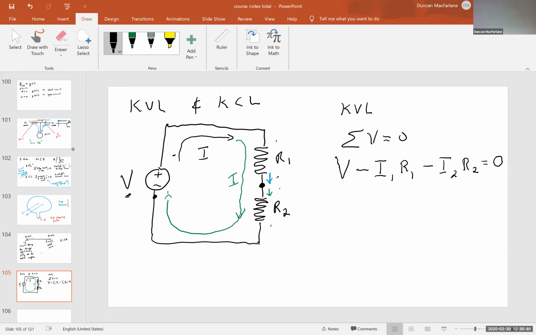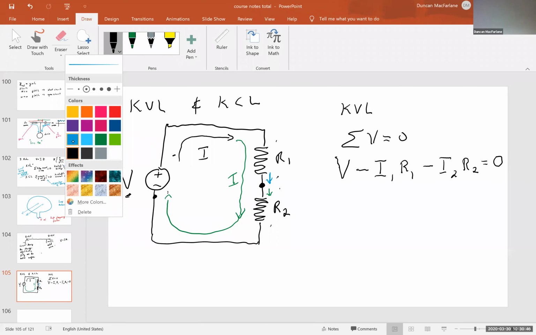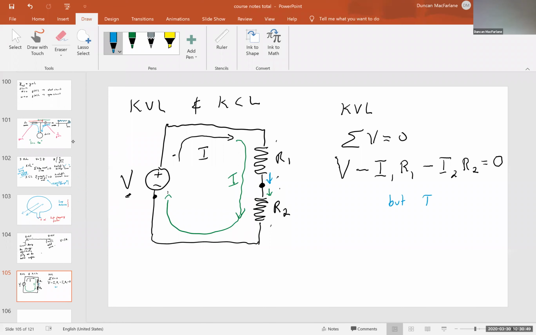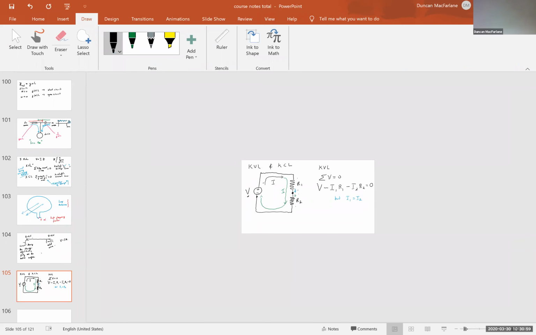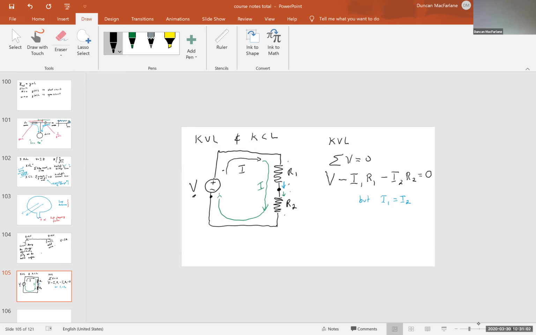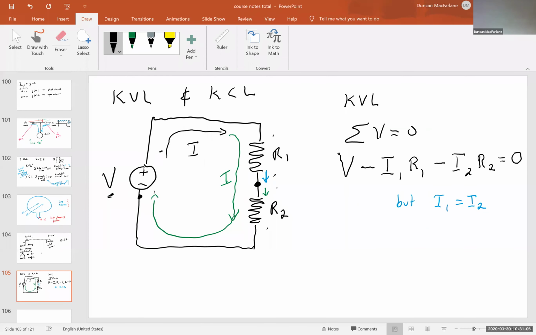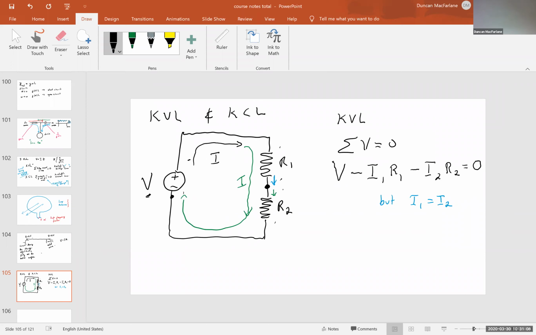And then we just saw by Kirchhoff's current law that I1 equals I2.